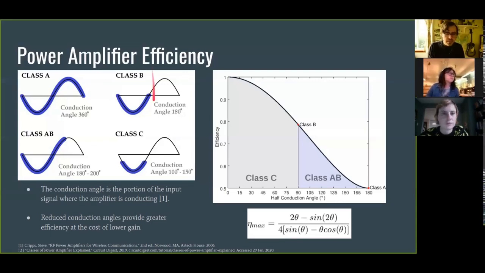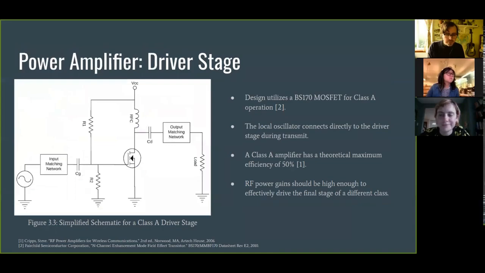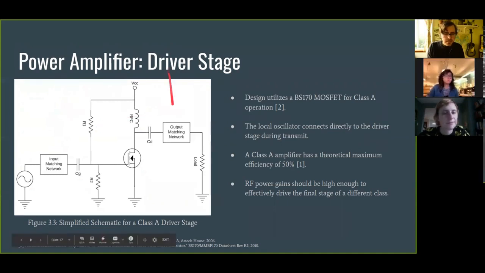B and C take advantage of this reduced conduction angle to get greater efficiency. The only problem is that when you do that, you sacrifice gain, so you don't get as much power out. So my solution was to develop two stages. The first stage would be like a class A using a BS170 MOSFET.